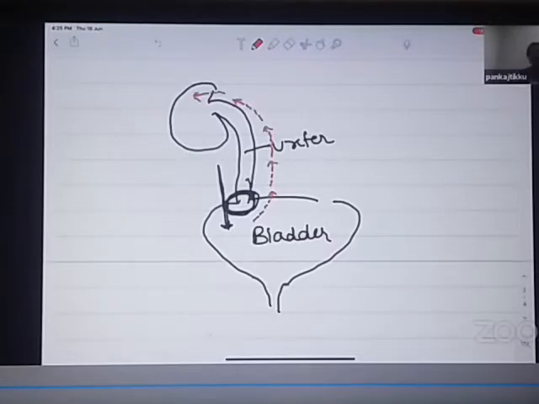This type of reflux, going from the bladder back into the kidneys, can be a very important cause of kidney damage in a young child. The kidneys can start getting scarred and can ultimately get damaged.